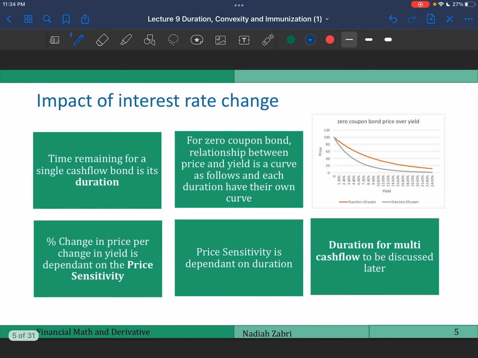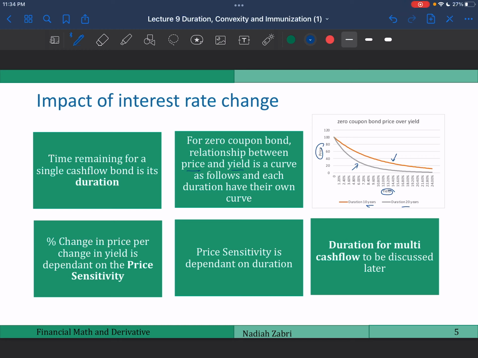Okay. So let's understand a bit more. So for a zero coupon bond, relationship between the price and the yield is a curve as follows. So this is the price and then this is the yield. So it will be a curve as follows, and then each duration will have its own curve. So the orange is for 10 years duration and the grey is for 20 years duration.